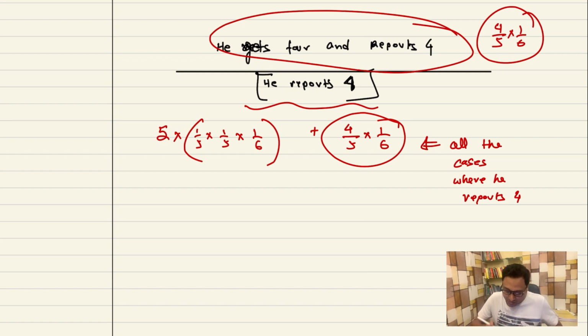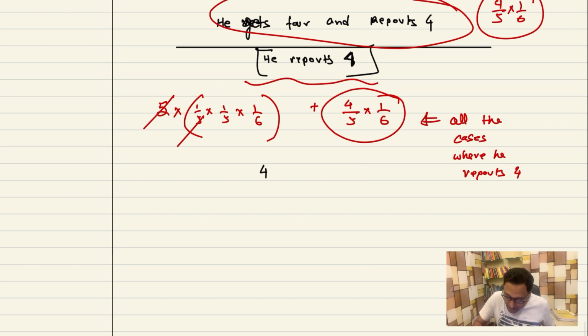You can easily check that the answer comes out to be 4/5, which is, by the way, his probability of speaking the truth. It's very nice.